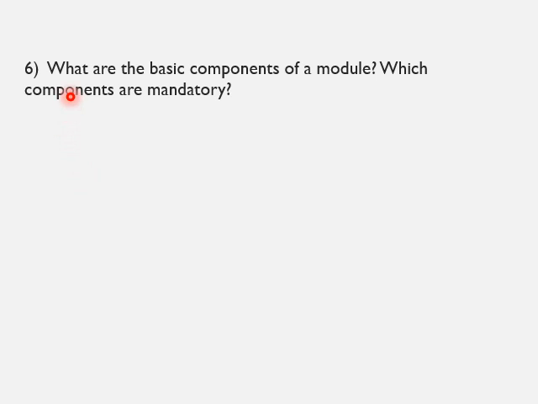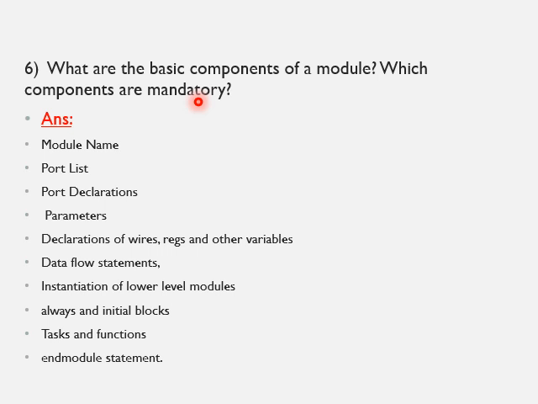Question number 6. What are the basic components of a module? Which components are mandatory? As we have already seen, the module structure comprises the module keyword followed by the module name, then the port list in the first line. Immediately following that are the port declarations, whether they are input or output.